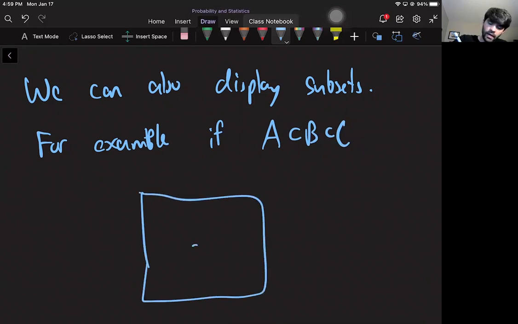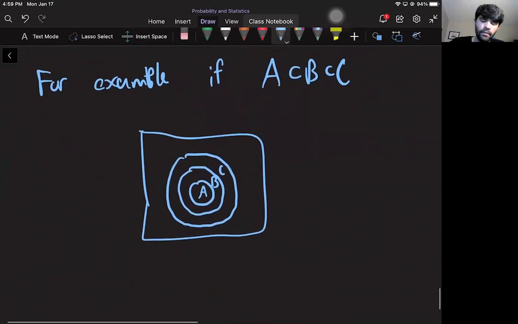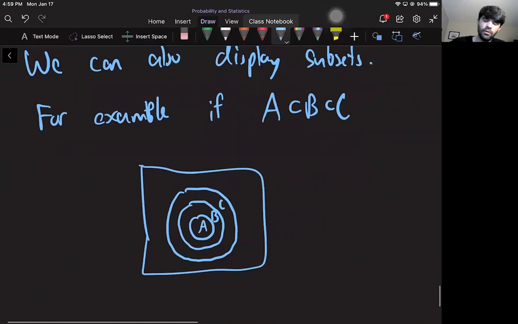Well, that would just mean that we have A as a bubble completely contained inside the bubble B, which has to then be completely contained in the bubble C. So that's something else we could consider. So remember that this also means A happening implies B happening, implies C happening or occurring.